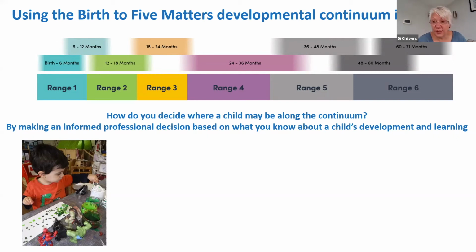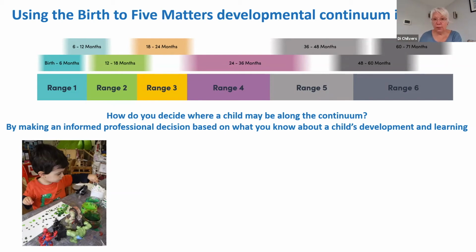And the sort of things you're thinking about when you make this professionally informed decision are what you know about the child. And let's face it, you know a lot, because if you've been getting all your formative assessment together, you've got it all there, you've got loads of information in your head.